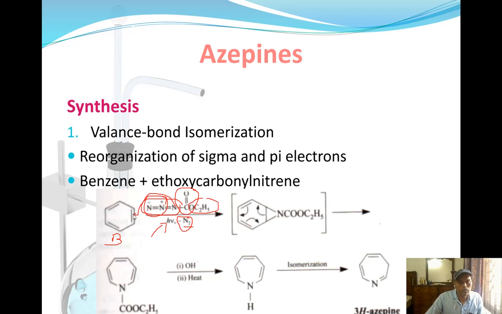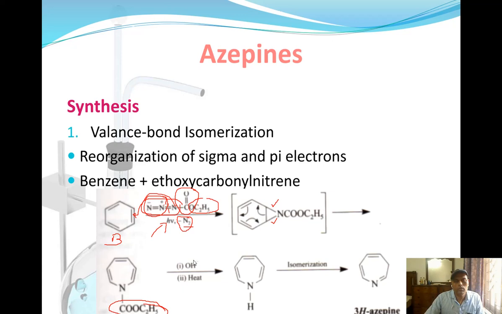The two bonds from the nitrogen, between the first nitrogen and the second nitrogen, are going to form bonds here with this ethoxycarbonyl nitrene. That is the intermediate product, and then you are going to get an N-substituted ester.